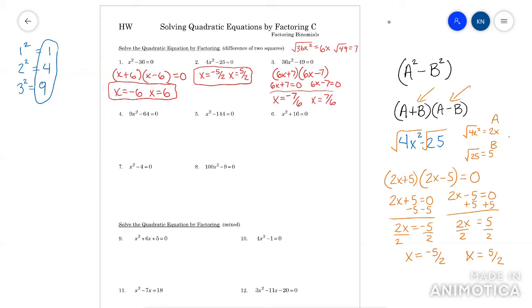Okay, moving right along. This next one, square root each thing. Write one as a plus, one as a minus. So this one's 3x plus 8, 3x minus 8 equals 0. Set each factor equal to 0 and solve it.